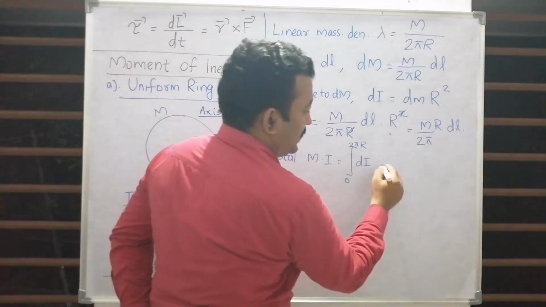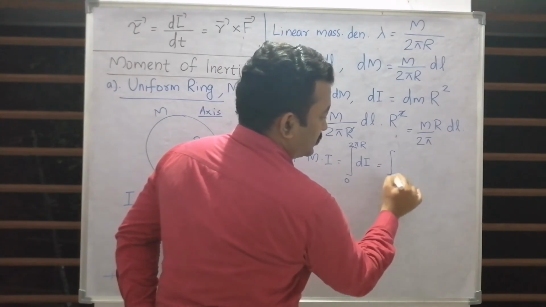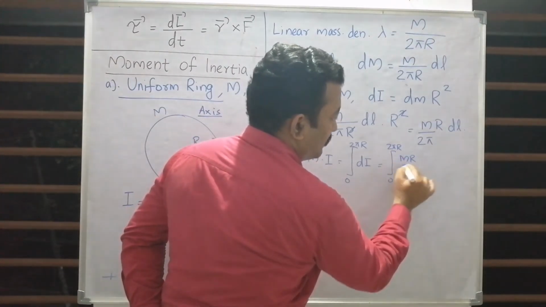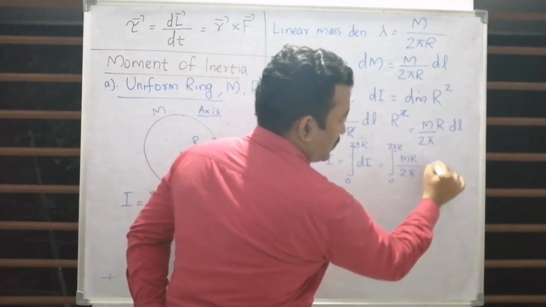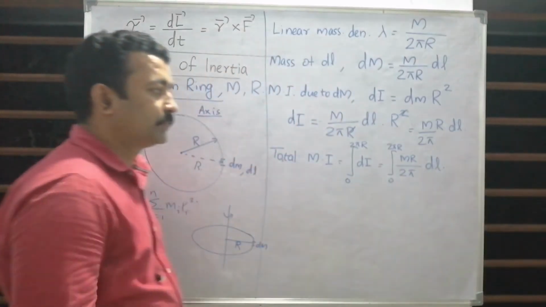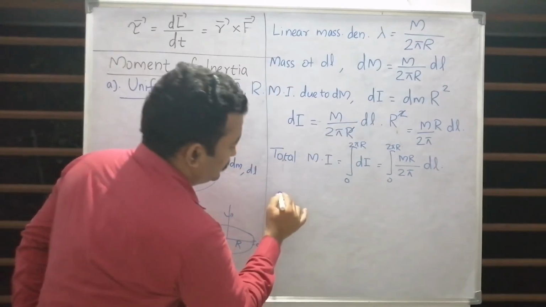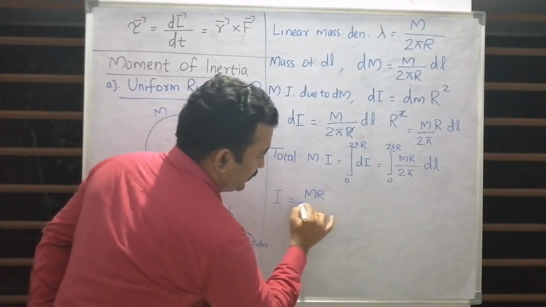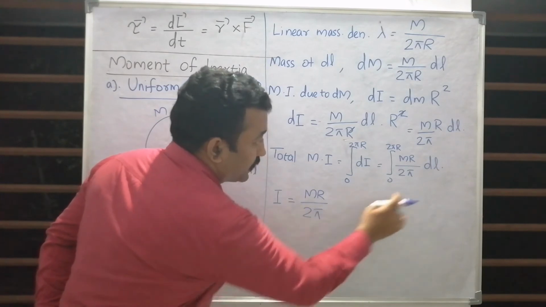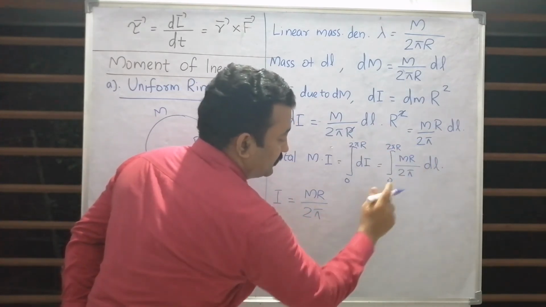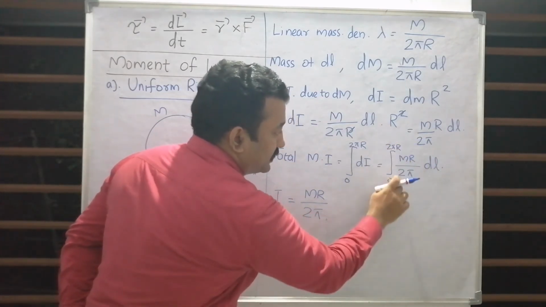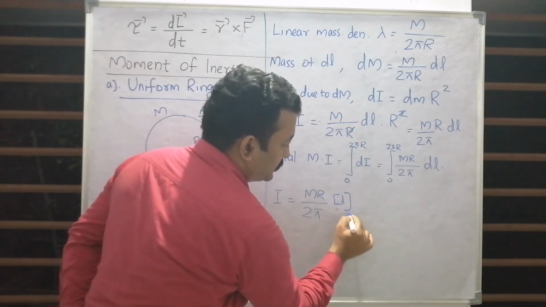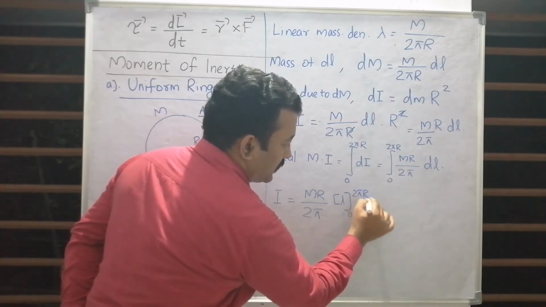Substituting for dI, this will become integral from 0 to 2 pi r of m r divided by 2 pi dl. m r by 2 pi is a constant, so I is equal to m r divided by 2 pi times the integral of dl, which will give you L within limits 0 to 2 pi r.